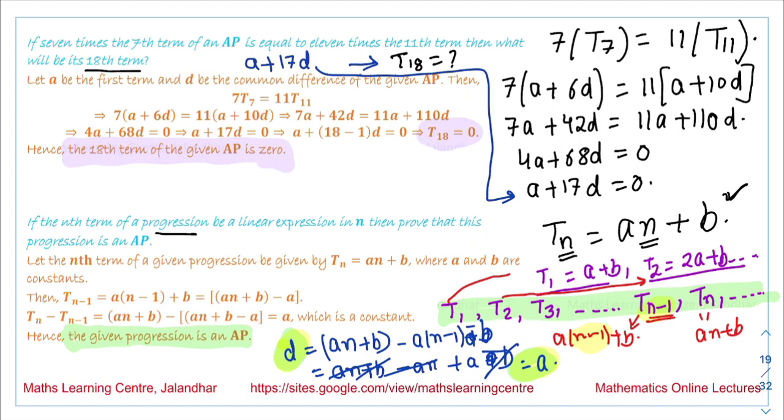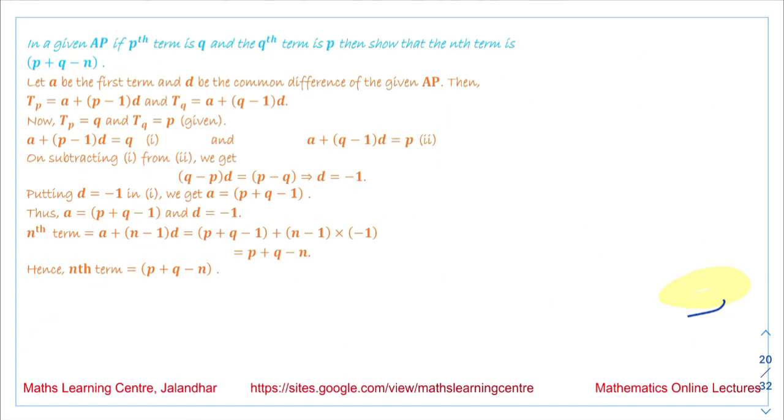Now next is, in a given AP, if the pth term is q, that means Tp is equal to q, and the qth term is p, then we have to show that the nth term is p plus q minus n.